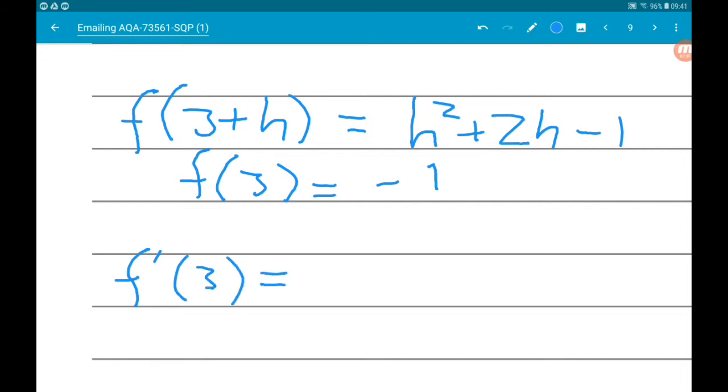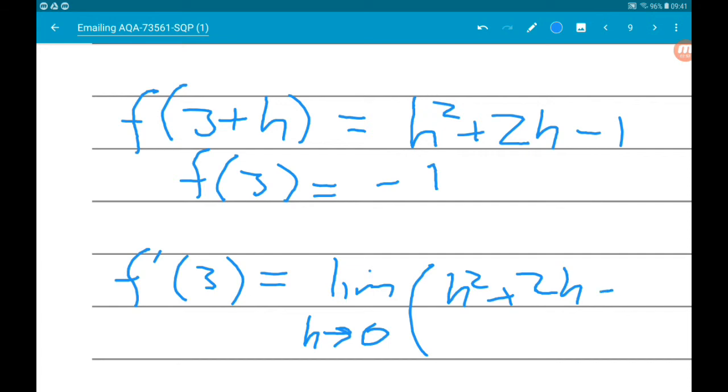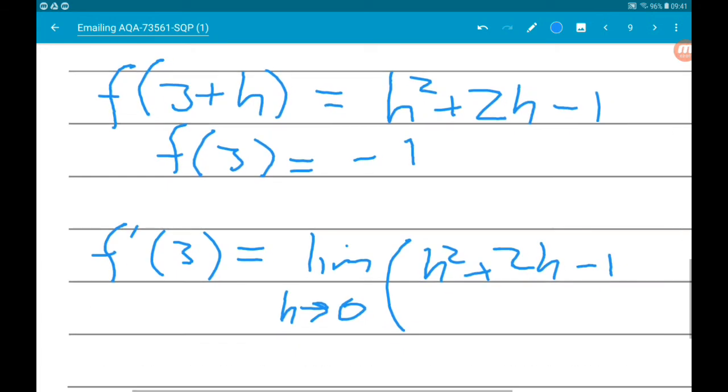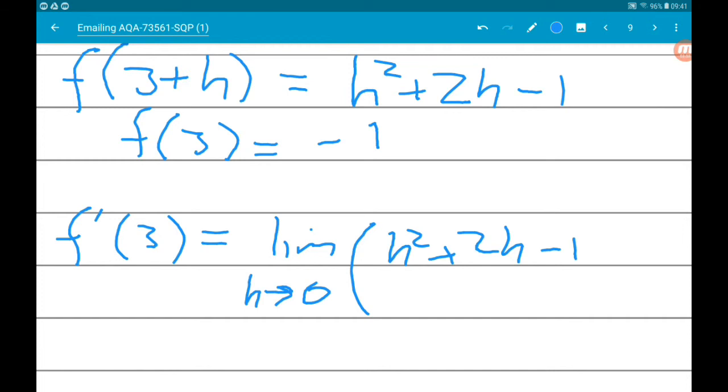So that is the limit as h tends to 0 of f of 3 plus h, so h squared add 2h minus 1, minus f of 3, so minus minus 1 gives us plus 1, and then that is all over h.